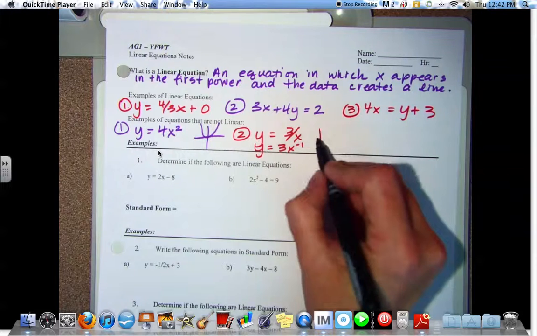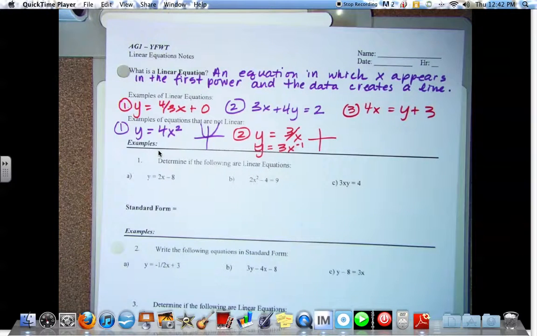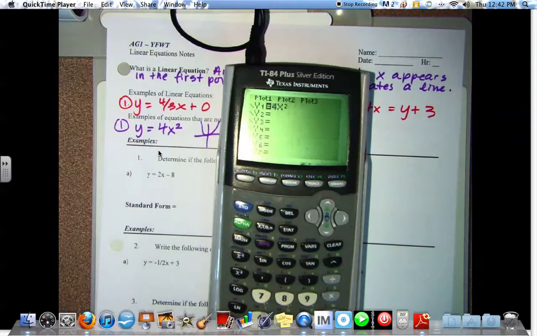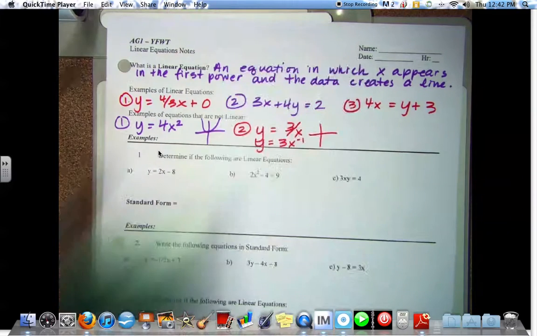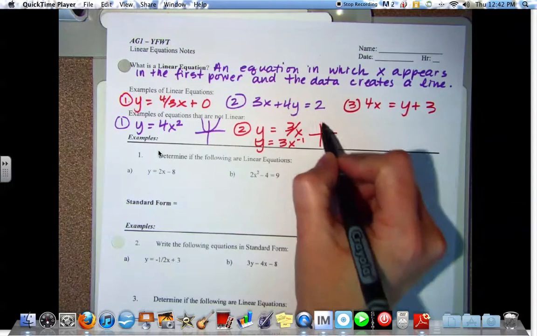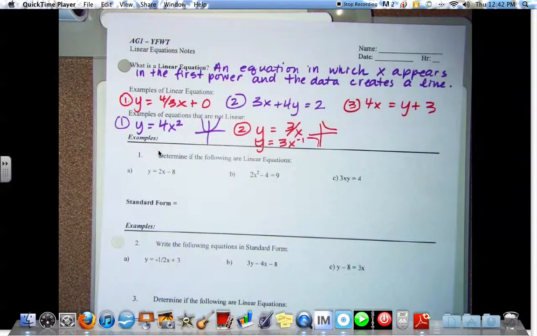That graph looks like this. So it curves around in two different quadrants. I'm just showing you examples of things that are not linear.